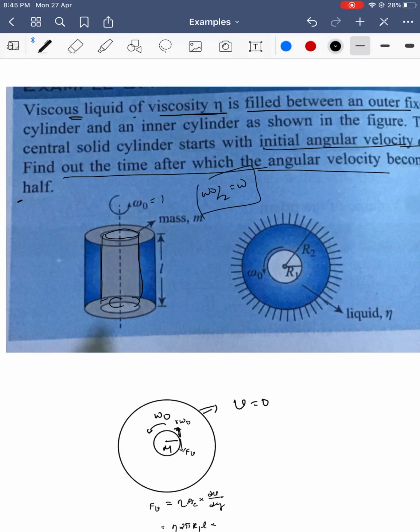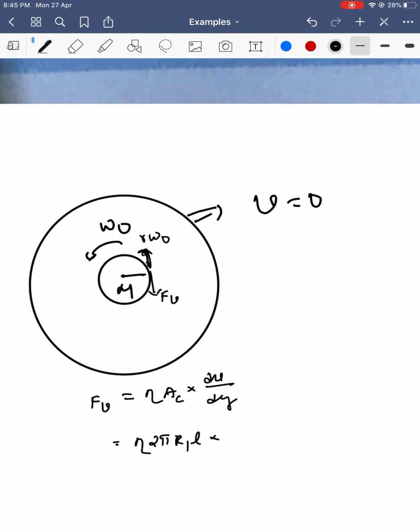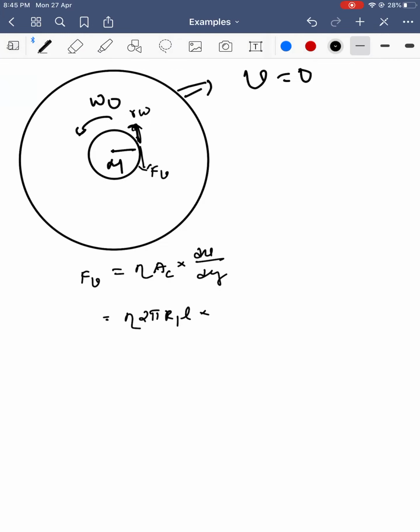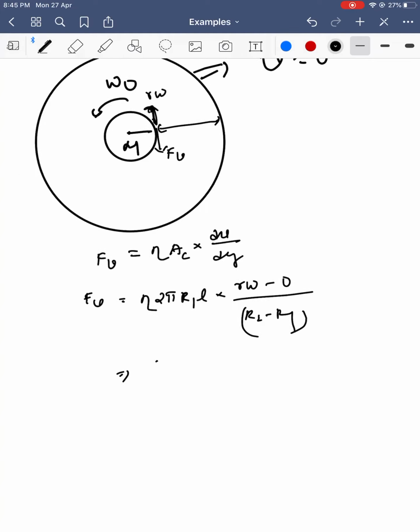So I am considering some intermediate omega, at any time v is r omega minus 0 by the distance from here to here. For the outer layer it is r2 and inner is r1, so r2 minus r1. So the viscous force we got.